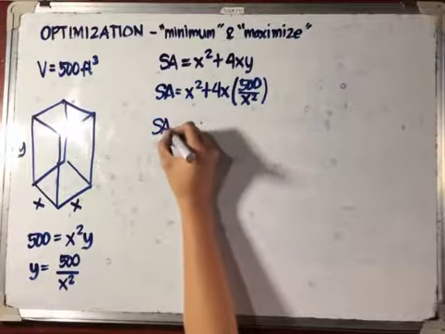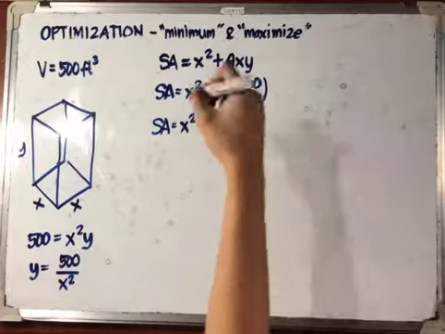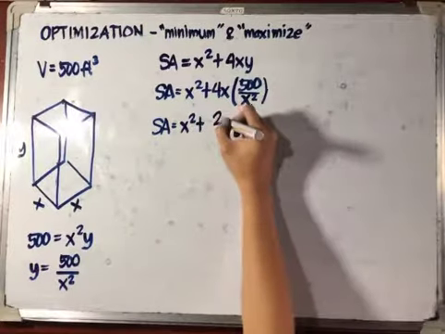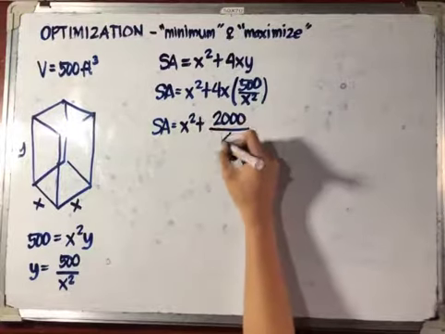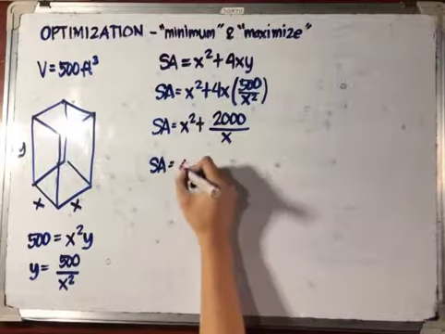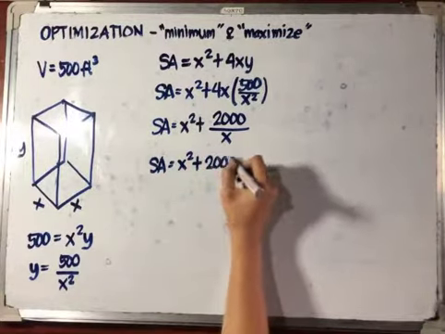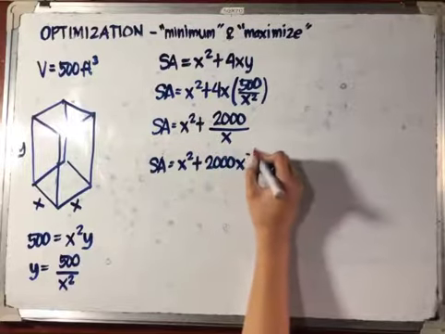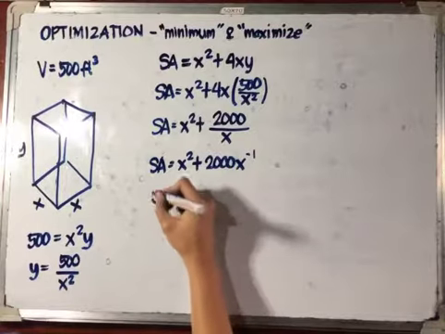Simplifying it a little further, we have x squared plus 4 times 500 is 2,000. X over x squared would be x. Okay, so I'll write it this way: 2,000 x raised to negative 1. Now, we can differentiate it for step 3.